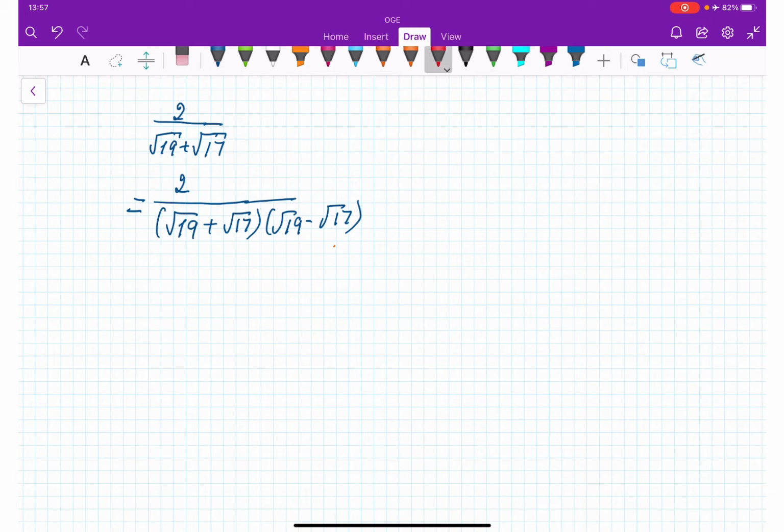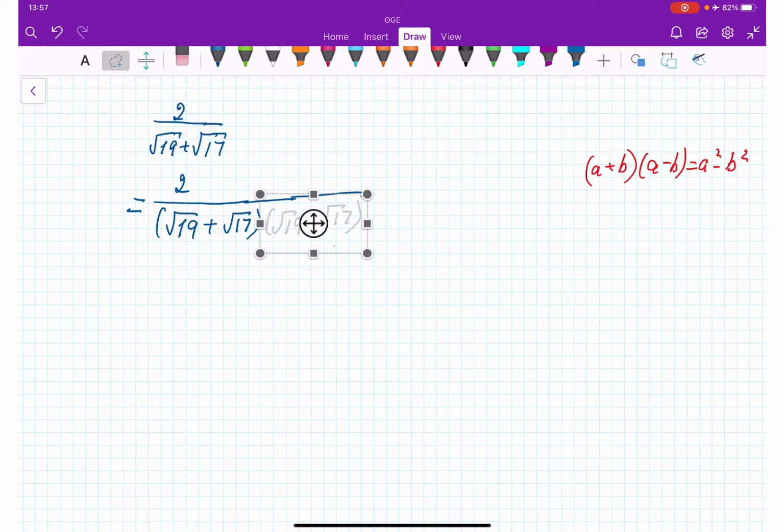Why? Because I'm applying the formula (a plus b)(a minus b) is equal to a squared minus b squared, right? Okay, so I'm doing the same thing to the numerator, because whatever change you do to the denominator, you have to do to the numerator as well.